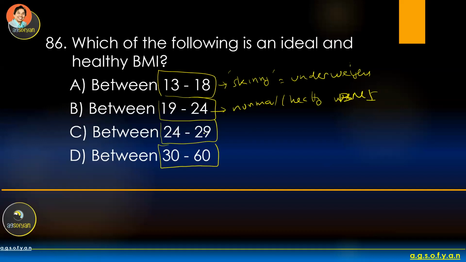Between 24 to 29, it is called overweight. And above 30 is called obese. So healthy ideal will be between 19 to 24 BMI.